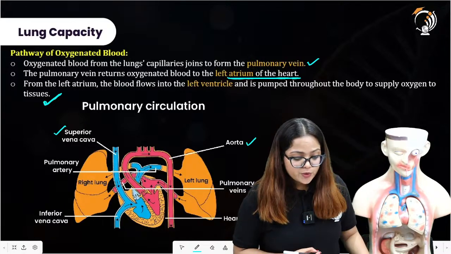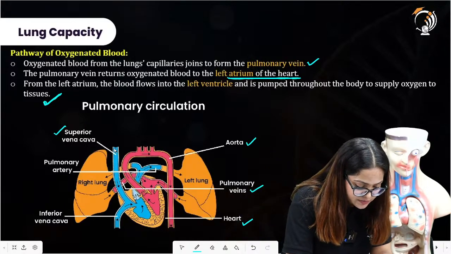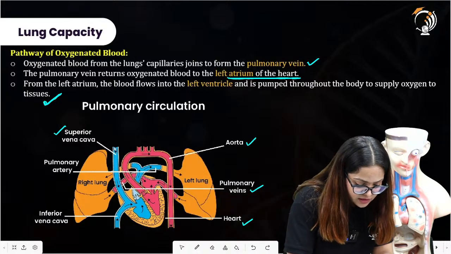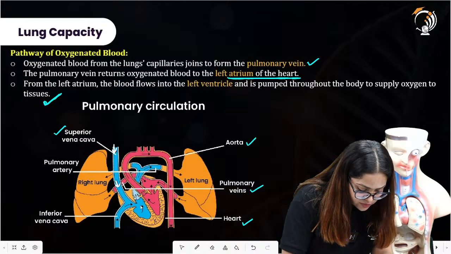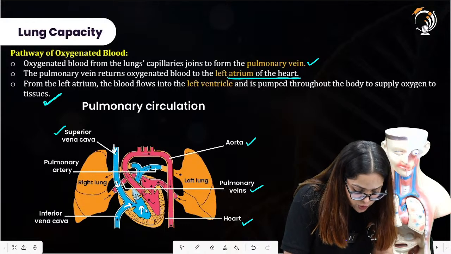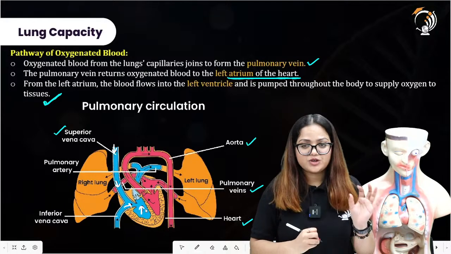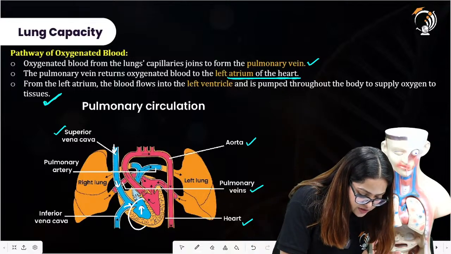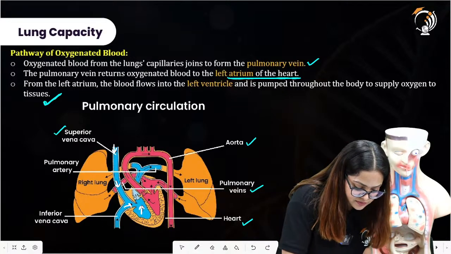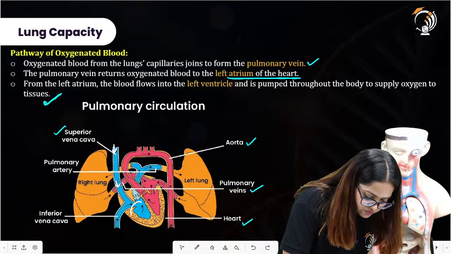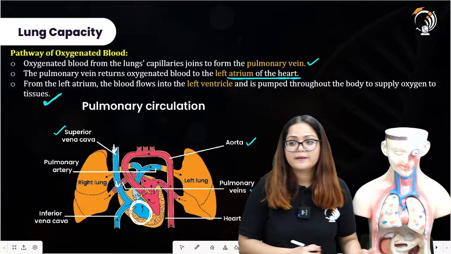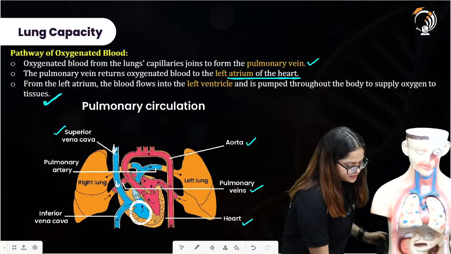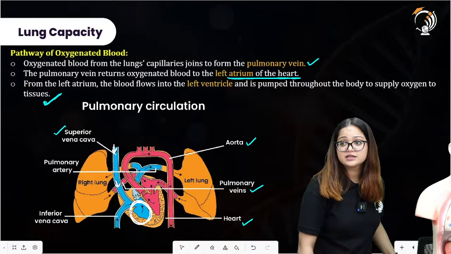The direction of blood is also represented through the arrows here. This is going down, down again, and it has moved to which chamber of the heart? Can you tell? I have marked it with a white marker. Which chamber of the heart is this?